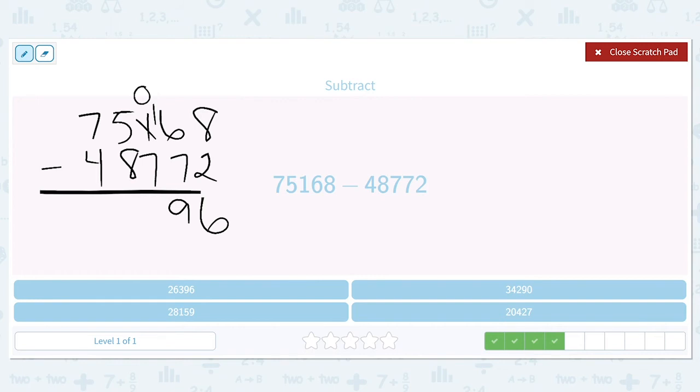We can't do 0 minus 7, so we'll borrow from the 5. 10 minus 7 is 3. Can't do 4 minus 8, so we'll borrow from the 7. 14 minus 8 is 6, and 6 minus 4 is 2. 26,396.